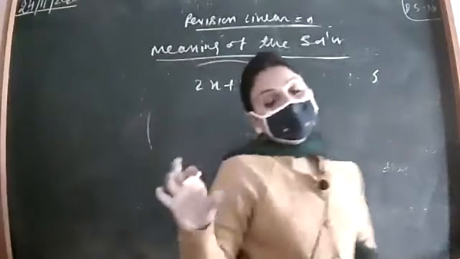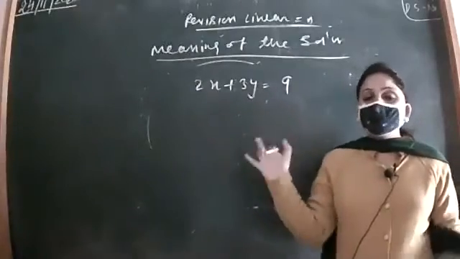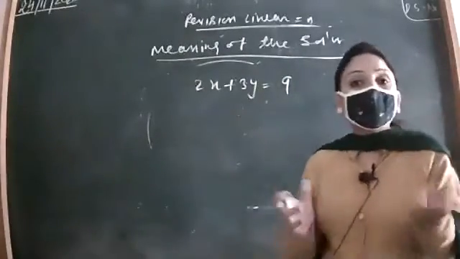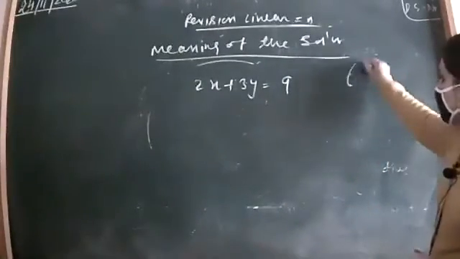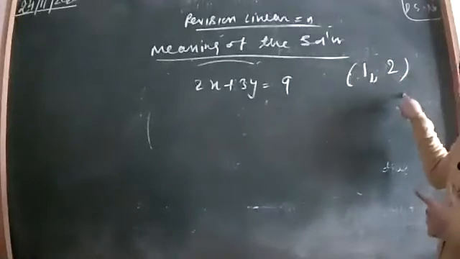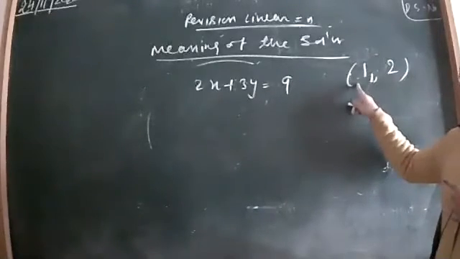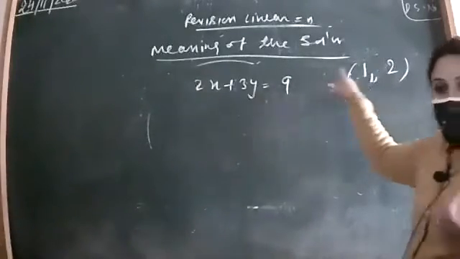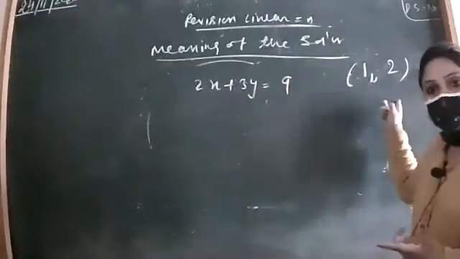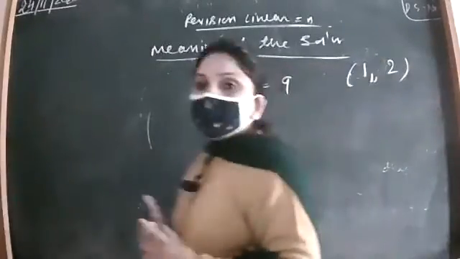Now remember that the solution of a two variables equation always occurs as an ordered pair. Ordered pair means we must have one value of x and the corresponding value of y. In this ordered pair, the first number represents the value of x and the second number represents the value of y, right?